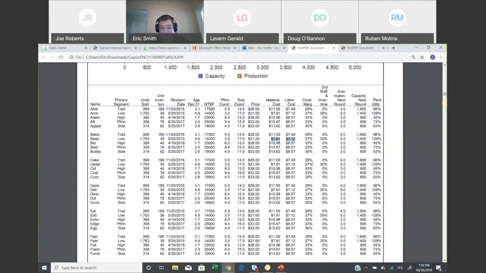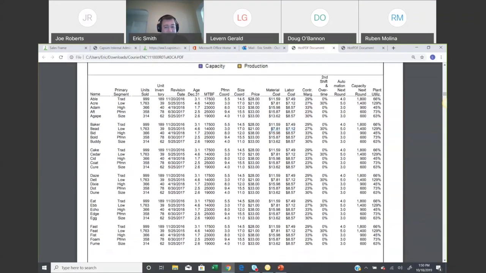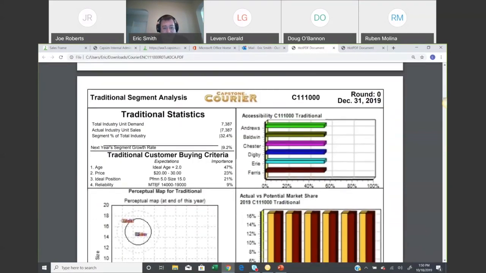Now, the point I try to make is, I might mention that your low end product, let's say it costs you about $15 to produce, or in traditional, 19, right around there. It's one thing to know that the customer would love to pay me $20 for my product.